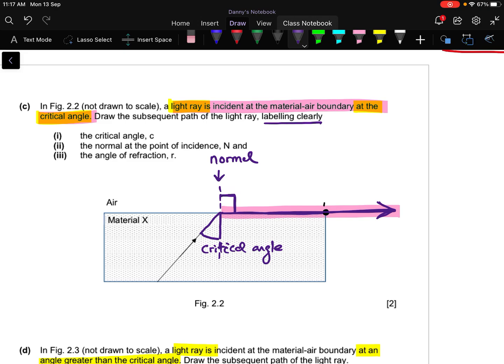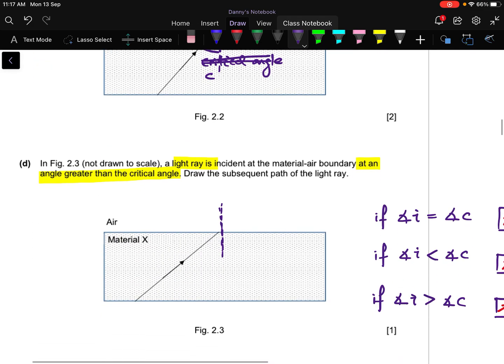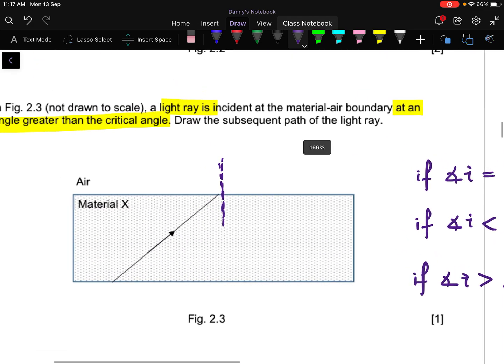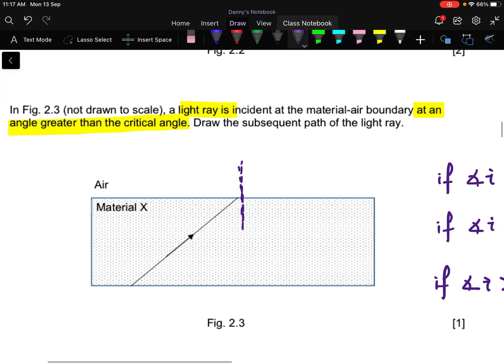And then you let me know that this is your angle of refraction R. I only realized that you can use short form, so you don't even need to spell it out. You can just call this N, and then you can just call this small c. So far, okay?